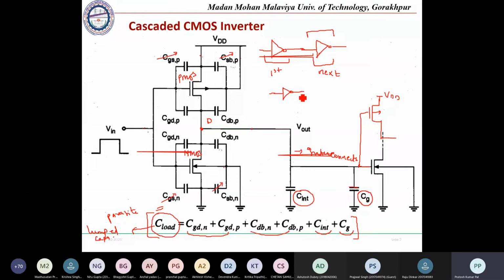If no capacitance is connected, then we have designed a circuit but not tested it for a practical purpose. The inverter will always have an output, and that output will be connected to some next stage or some load.